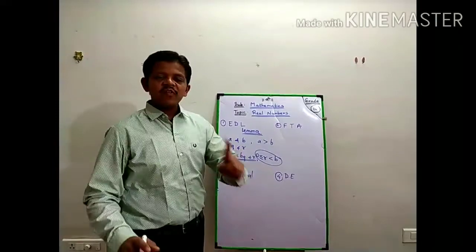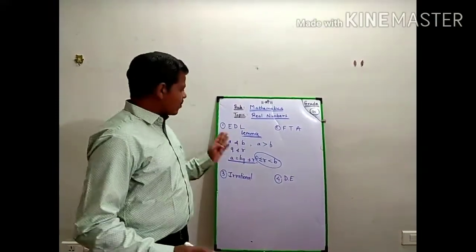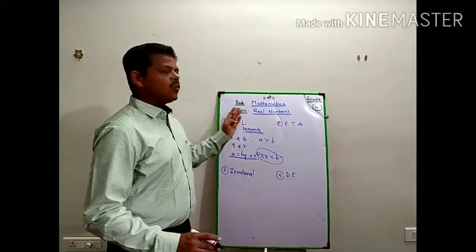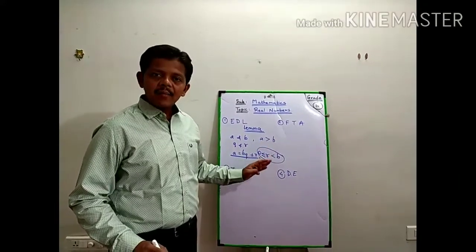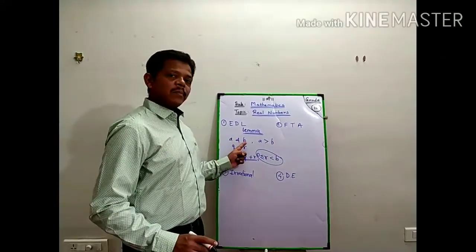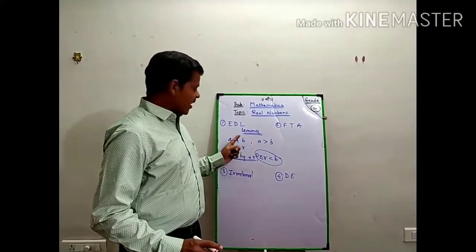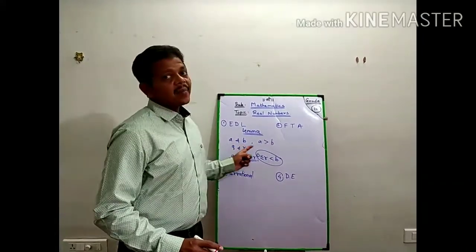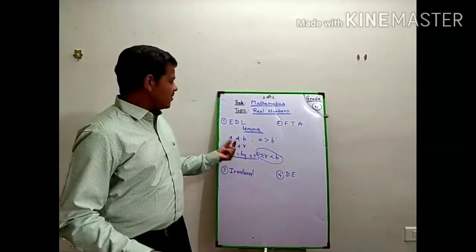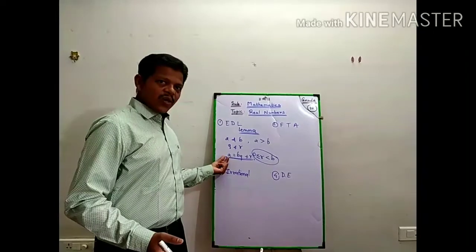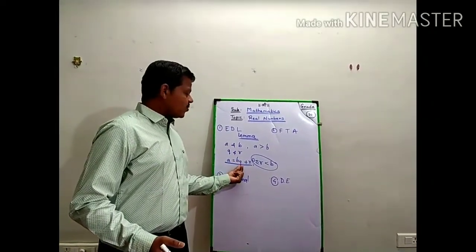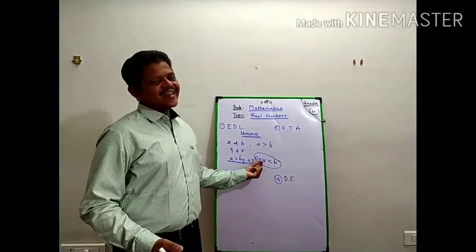I am just telling you the first point. The first thing we are going to study in this chapter is Euclid's division lemma. When A is divided by B, we get a quotient Q and a remainder R, and you know that dividend is equal to divisor times quotient plus the remainder.